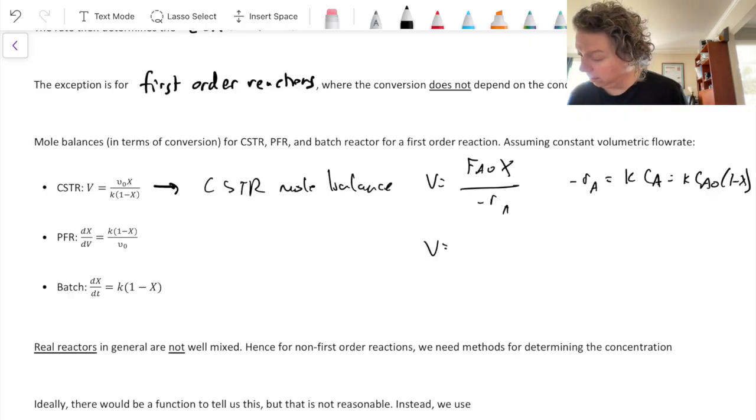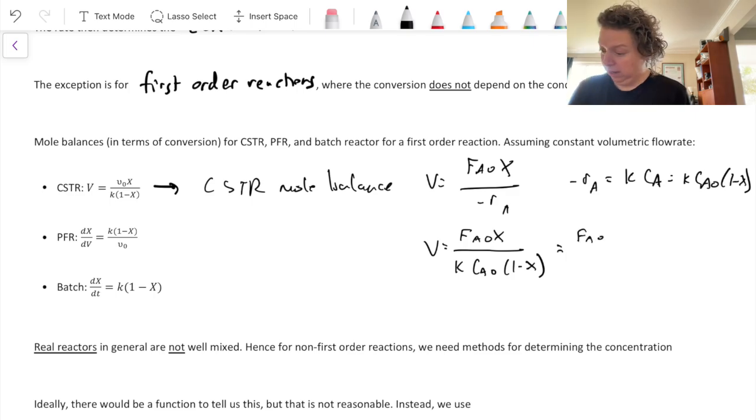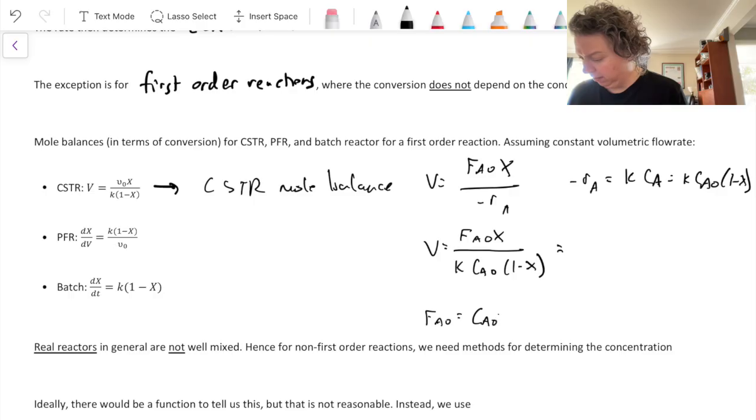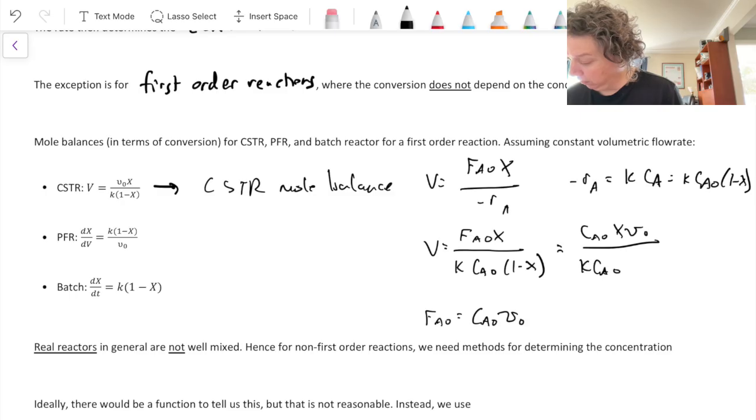If I substitute this back into the formula, I would get k CA naught (1 minus X) in the denominator. And I can say that FA naught is equal to CA naught times v naught, the concentration times the volumetric flow rate. So that gives me CA naught X v naught over k CA naught (1 minus X).